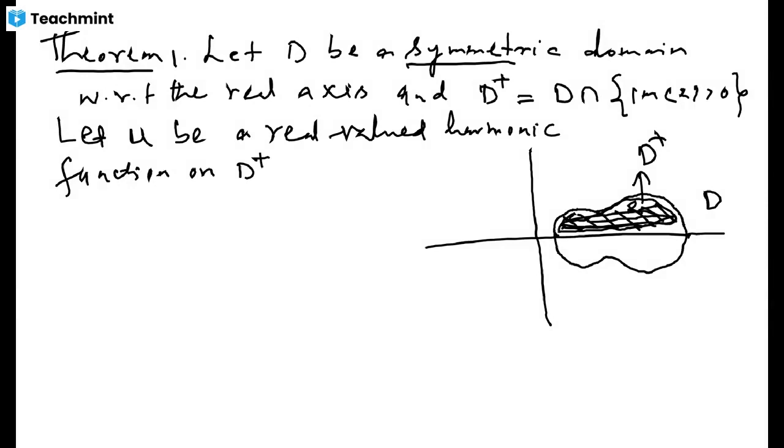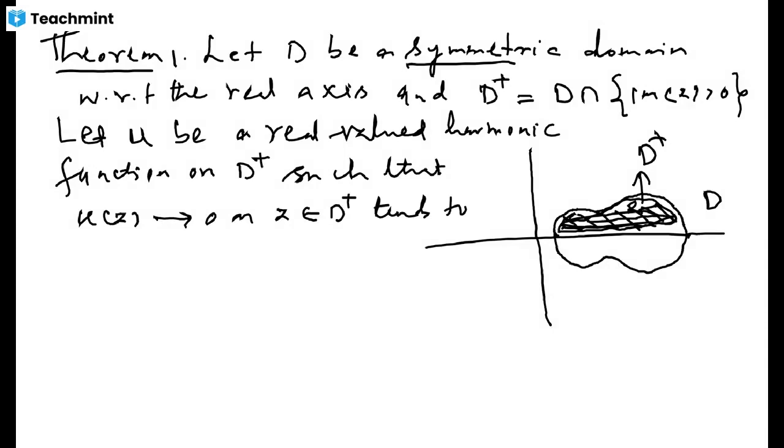Let u be a real harmonic function on D plus such that the value of u(z) tends to 0 as z from D plus tends to any point on the real axis. The real axis part is whatever part of the real line is in D. So it is given that whenever we approach this real axis part, the function tends to the value 0.